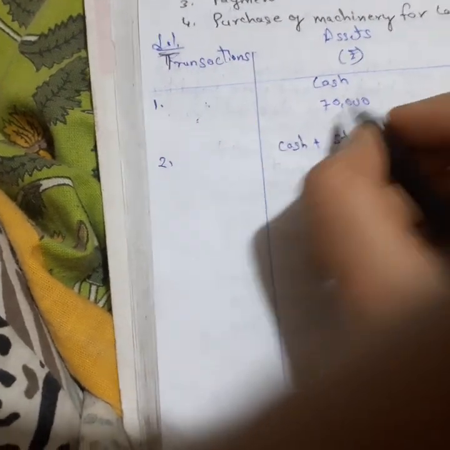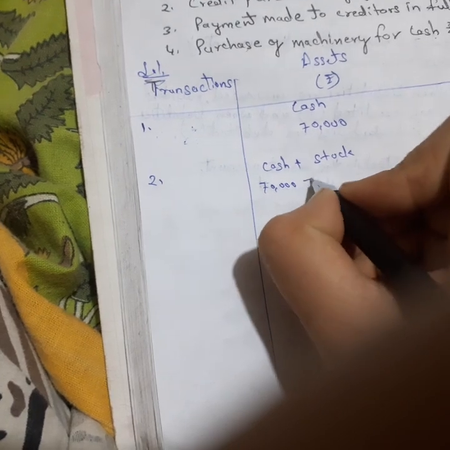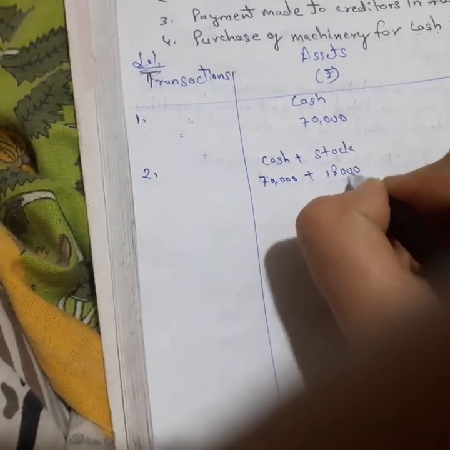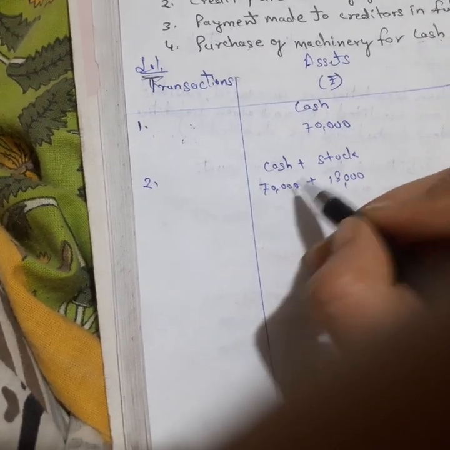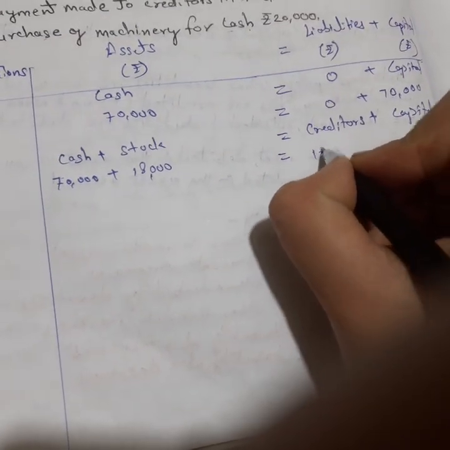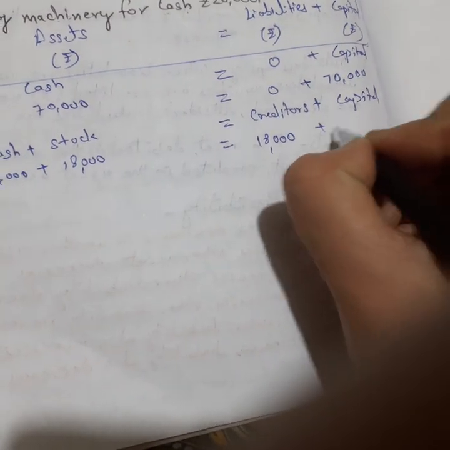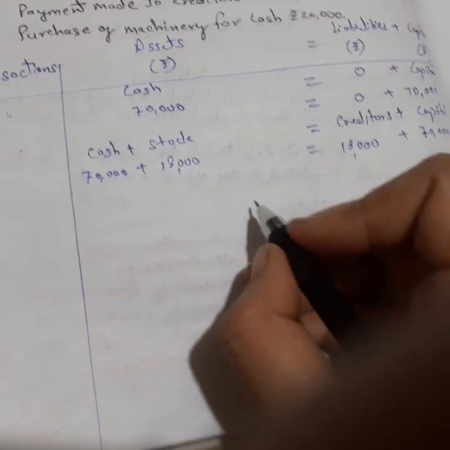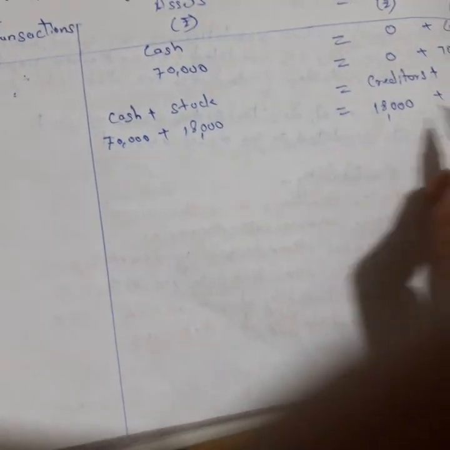So in cash already 70,000 is there, plus goods you have purchased for 18,000. 70,000 because in the first transaction it was 70,000, that's why. Creditors again 18,000 and capital we will just carry forward here 70,000.